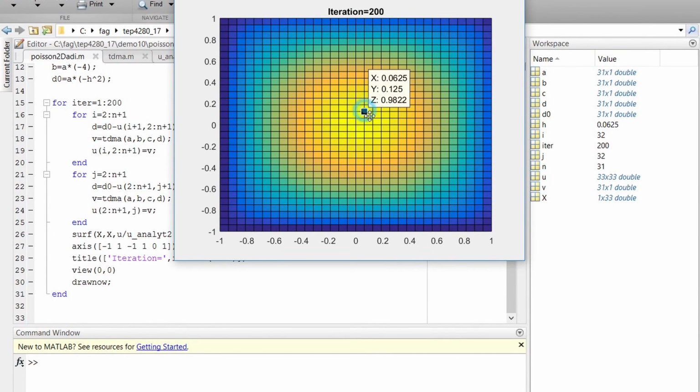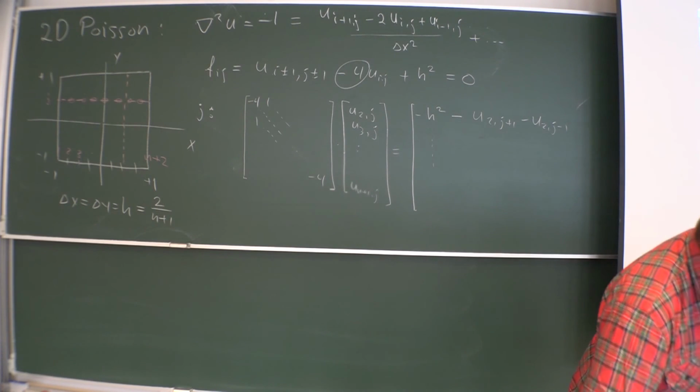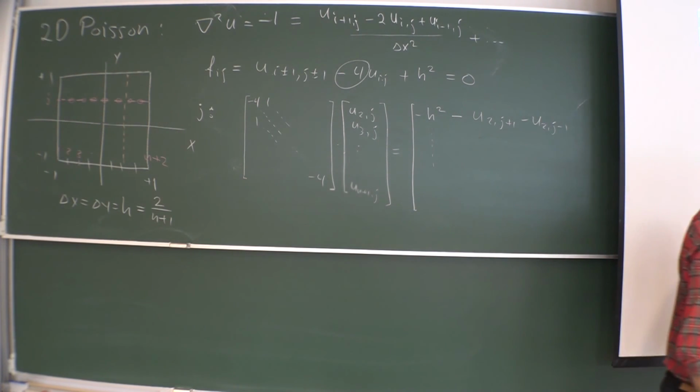Let's check that one. Sorry, close to 1, of course. We have rescaled it. Okay, that was using TDMA for 2D. Any questions? No? Then we stop here.